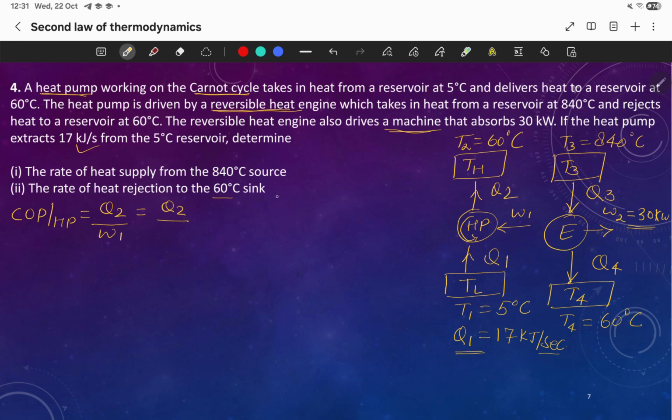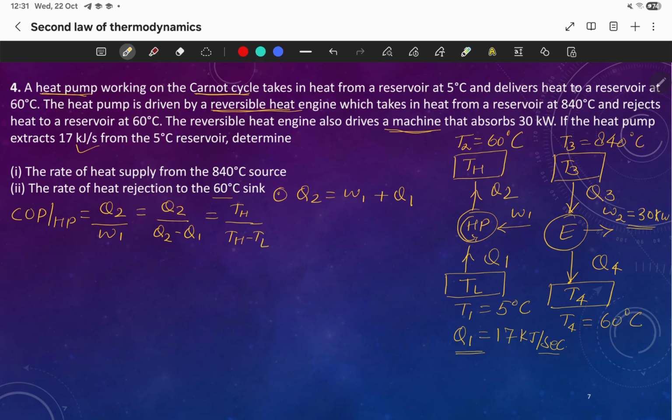If I write the energy balance equation for the heat pump, this will be Q2 equals W1 plus Q1. This should be clear. So from here, W1 will be Q2 minus Q1. Okay, so can I write this in terms of TH upon TH minus TL.